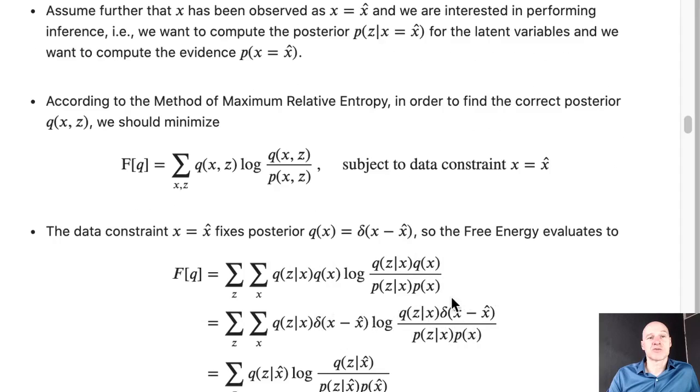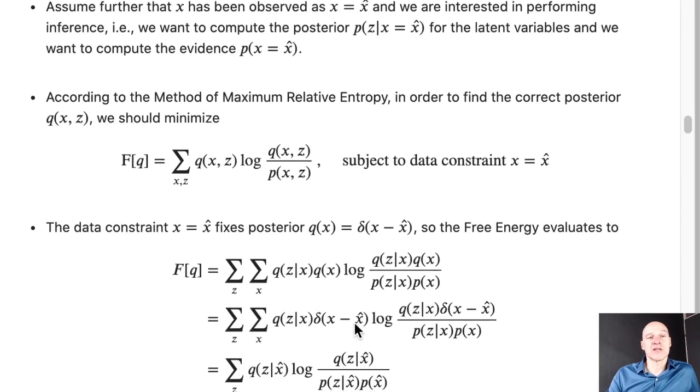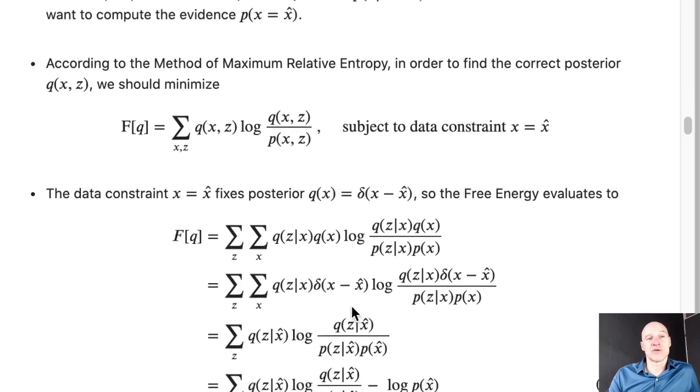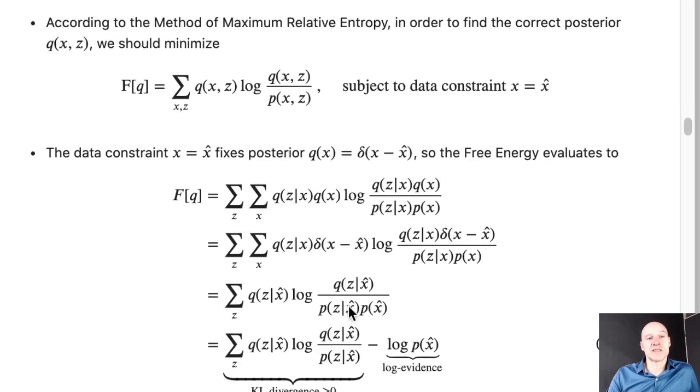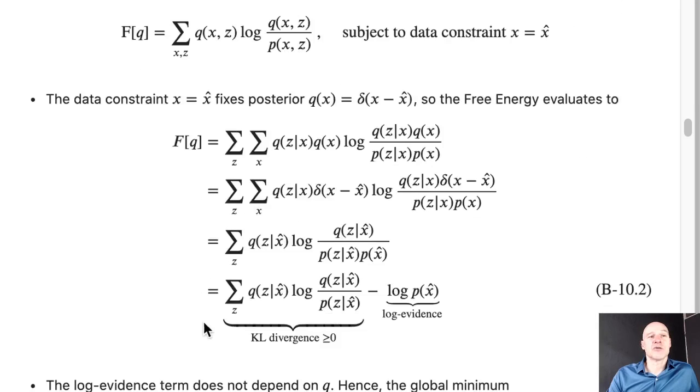That is my constraint. Then my sum over X, I can really write that out by plugging in the observed value here and here. And I can split this factor out of here. And this is now my free energy functional. I need to minimize this with respect to Q.